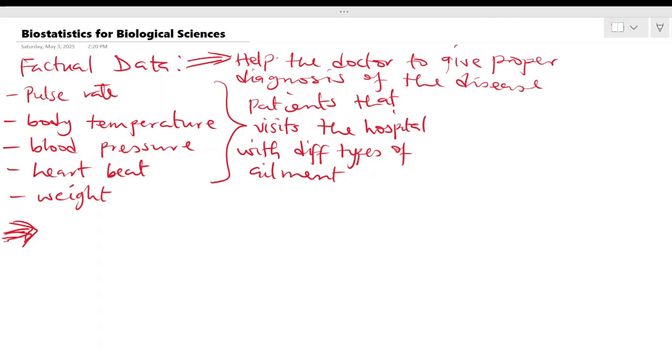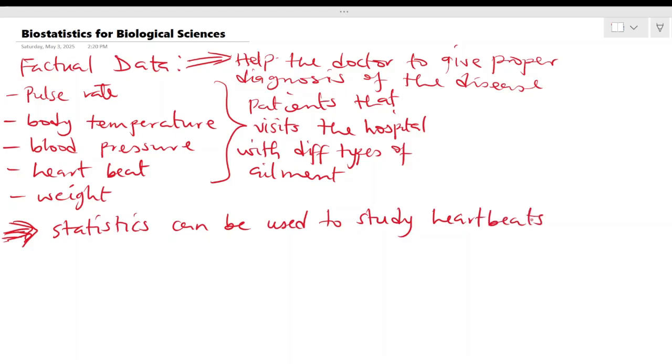Okay, so another way in which statistics is applied or important in medical sciences is that it can be used to study heartbeats through equipment like your electrocardiogram.